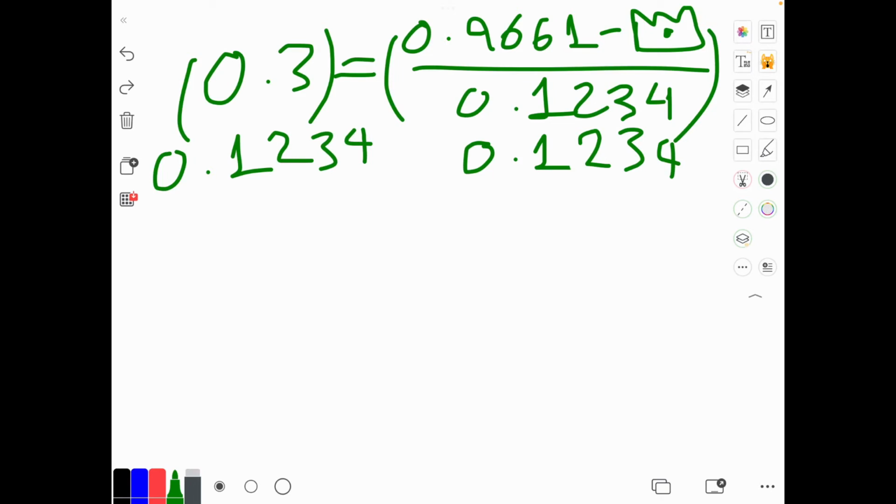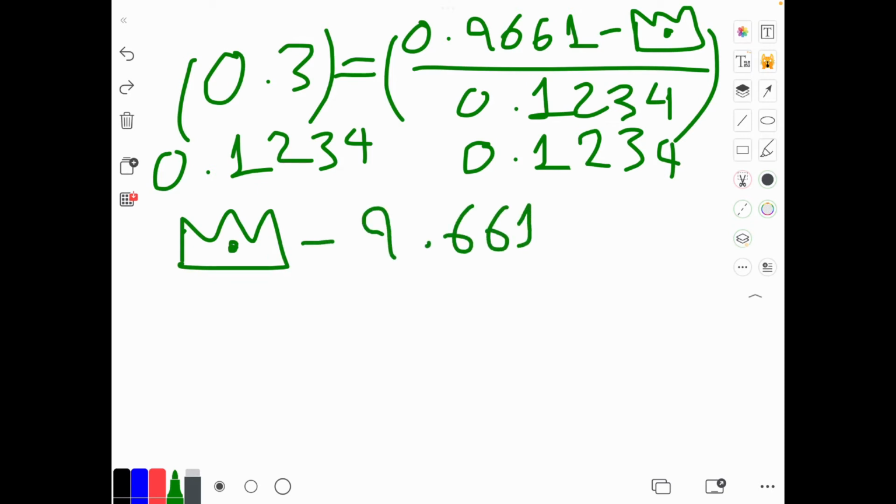So you get the crown, and I'm actually switching sides right now. So 0.9661 minus that value, and whatever value we multiply goes to the other side. We are going to find out what that is in a second.